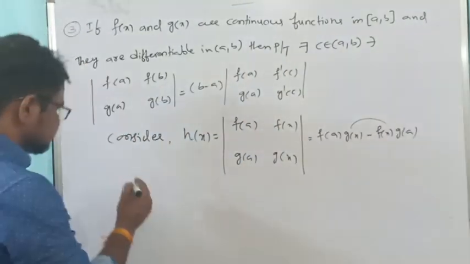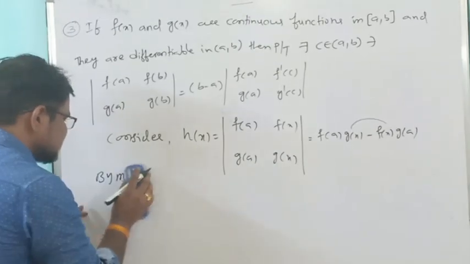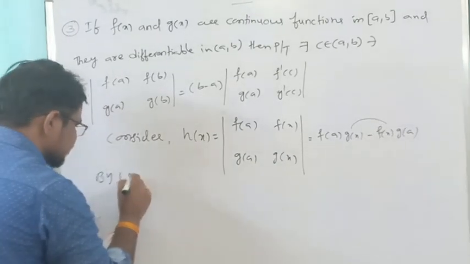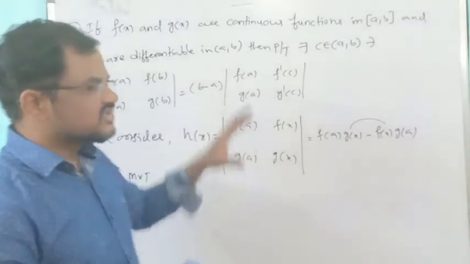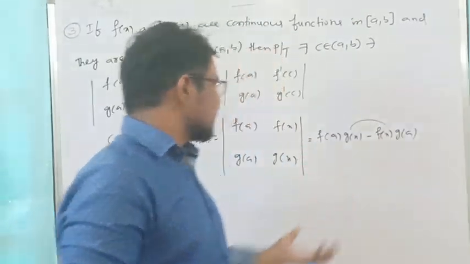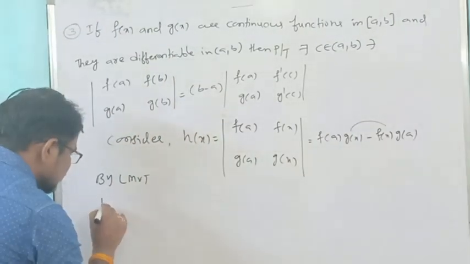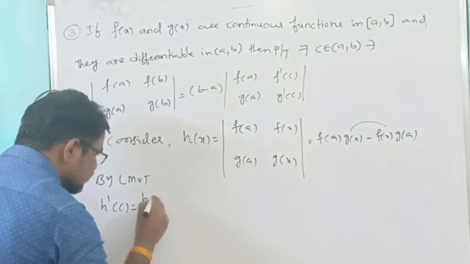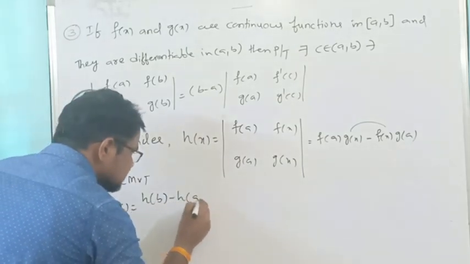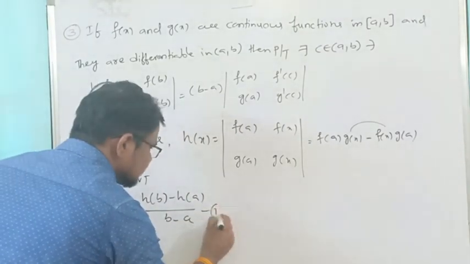Then by Lagrange's mean value theorem, whenever a function is continuous and differentiable, we can apply the Lagrange's mean value theorem. By Lagrange's mean value theorem, we can write h dash of c equal to h of b minus h of a divided by b minus a. Take this as equation number 1.